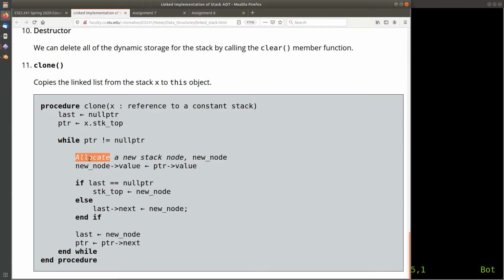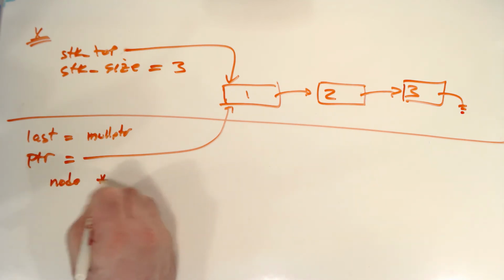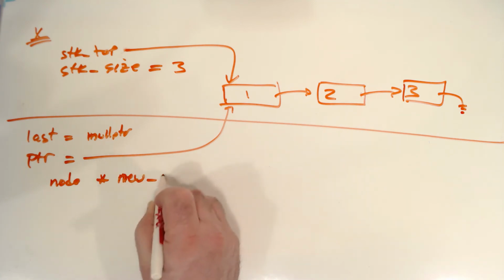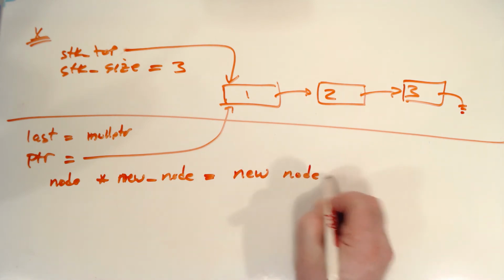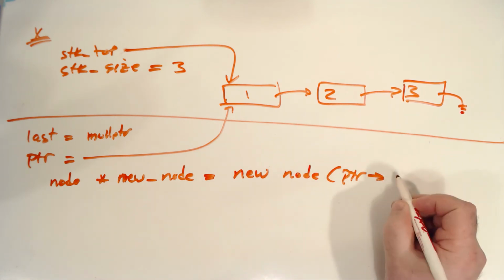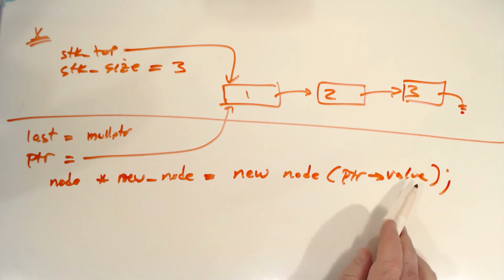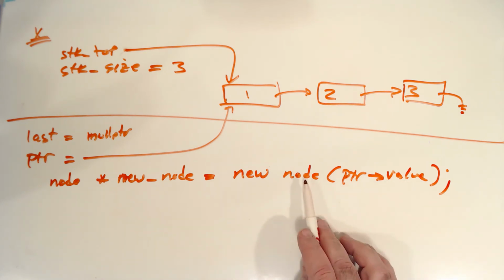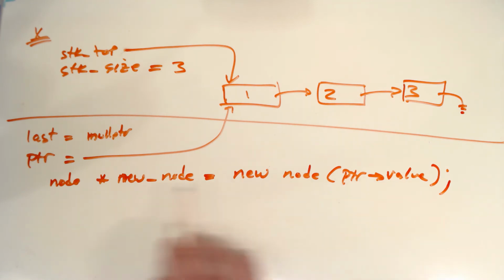What are we going to do? We're going to allocate a new node, and we're going to set its value to the value that this PTR variable is pointing at. So how do we do that? Well, we simply say node star new node equals new node PTR right arrow value. Now I'm not going to put the second argument to the constructor in here in this particular case because I don't know what the next node pointer should be for this current new node.